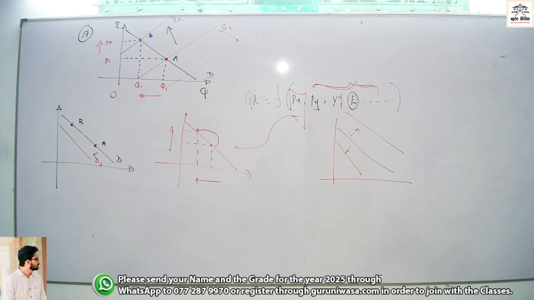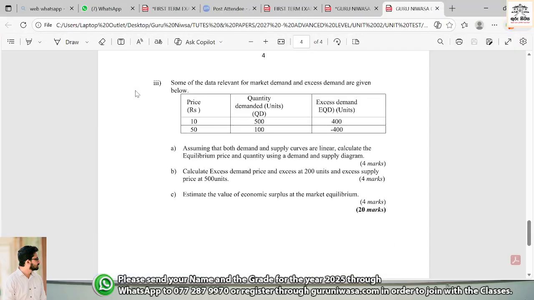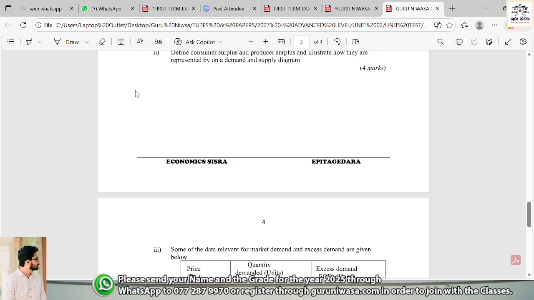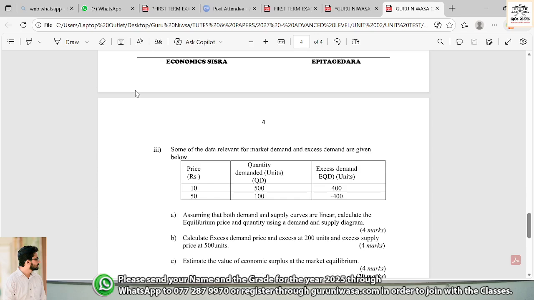The first one is simple: the law of demand.